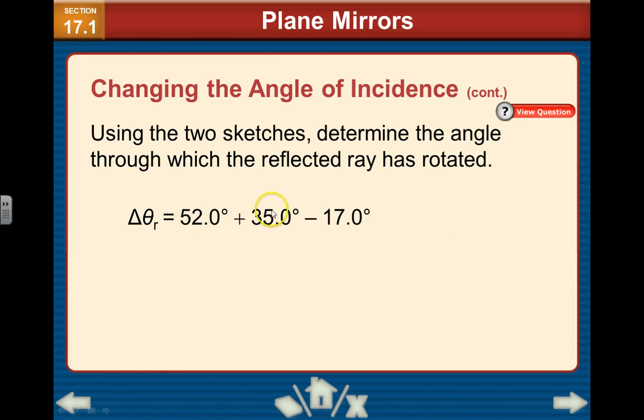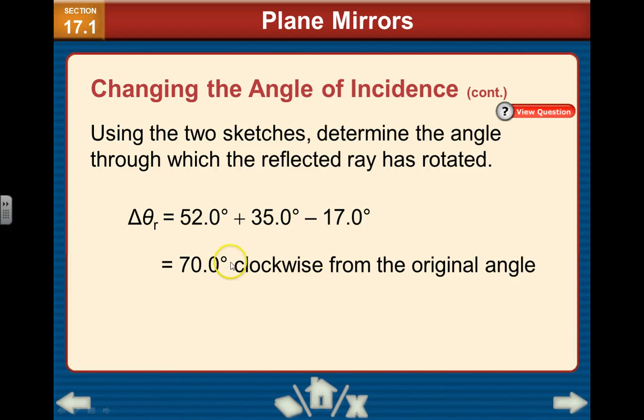So all we did was we said we changed it by 17 degrees. And so basically then, if we want to figure out how much it's going to change from the original ray, we would take basically this calculation. So it's how much it changed by minus the incident ray, we get 70 degrees.